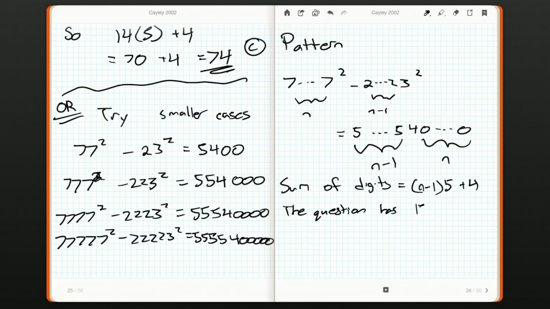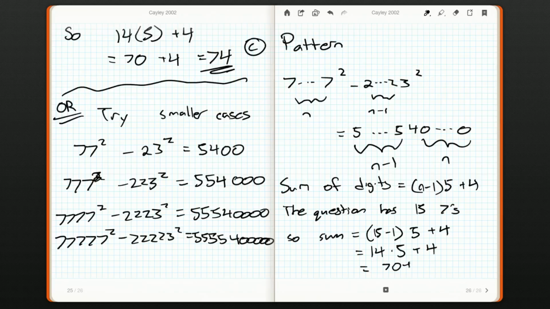So we count up, we have 15 sevens. So the sum is 15 minus 1 times 5 plus 4. Well, that's 14 times 5 plus 4. And once again, we get our answer here, 70 plus 4, 74. So either way, we got C.